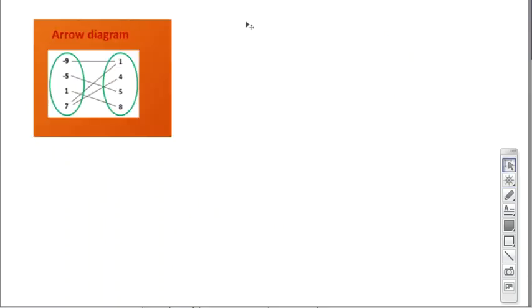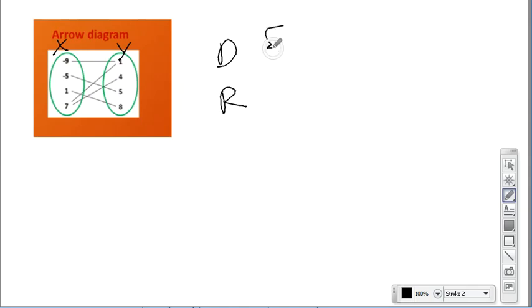An arrow diagram is another way to represent a relation. And in this arrow diagram, these are our x values and these are our y values. So if we want to list the domain and the range of this representation, we can do that.